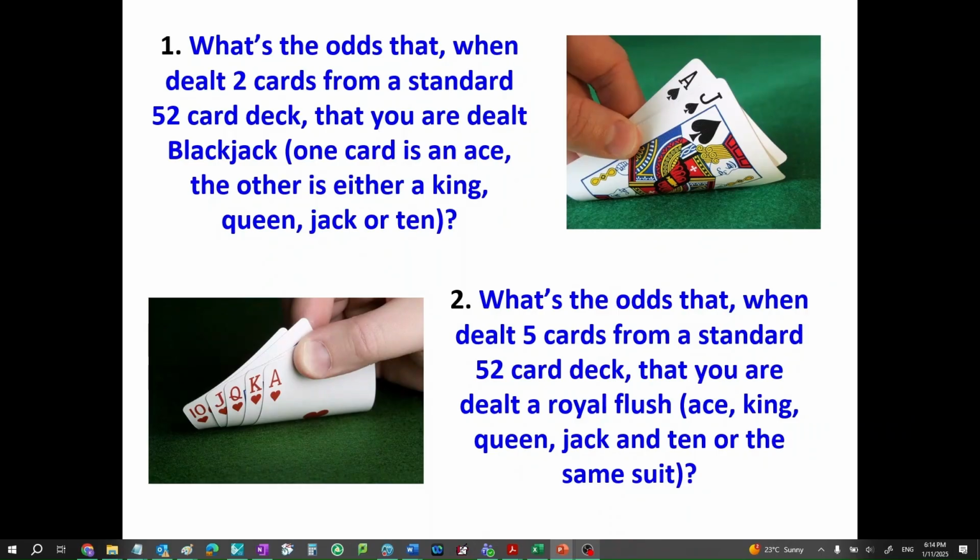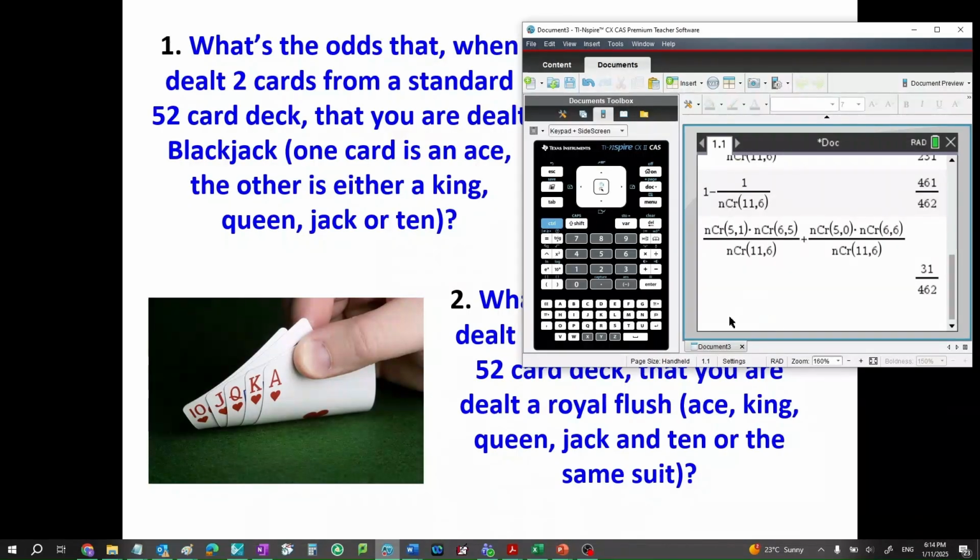And so coming back to our original question of what's the odds that when 2 cards from the standard 52 card deck are given to you, you get blackjack? 1 card's an ace, the other one is a king, queen, jack or 10. We've got a couple of possibilities. For example, let's do combinations.